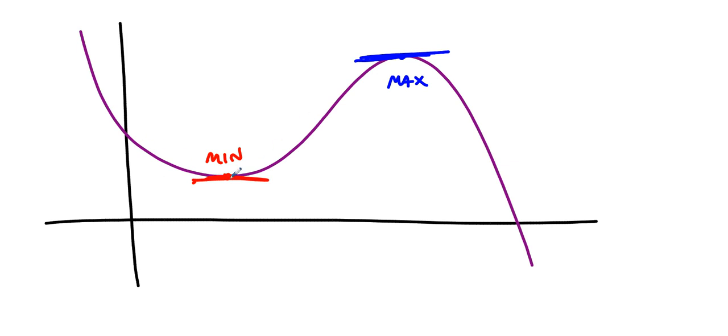Notice the concavity at this point. In this interval containing this point, f double prime is positive. And in this interval containing this point, f double prime is negative. Function's concave down, it's got a max. Function's concave up, it's got a min.